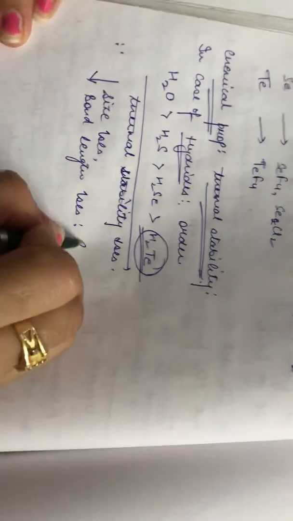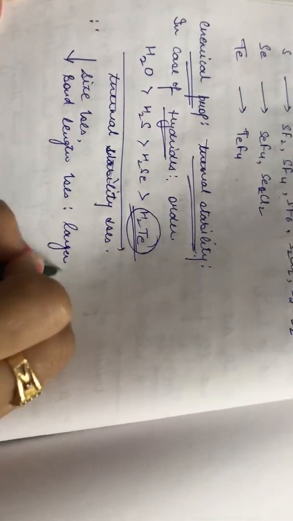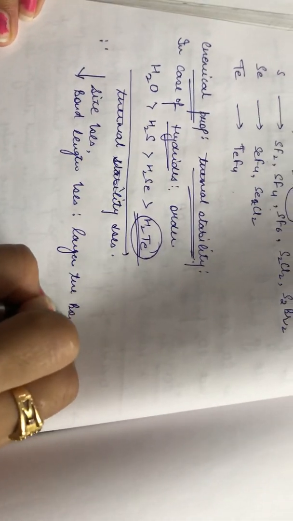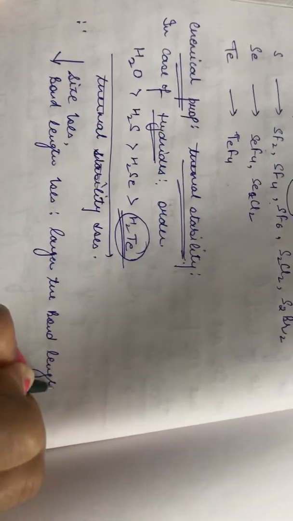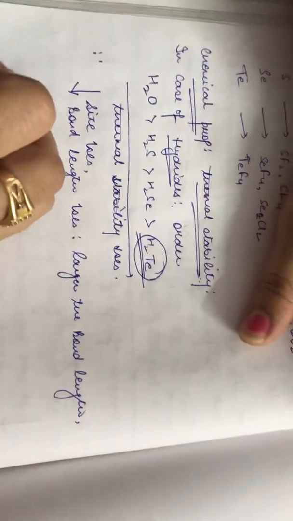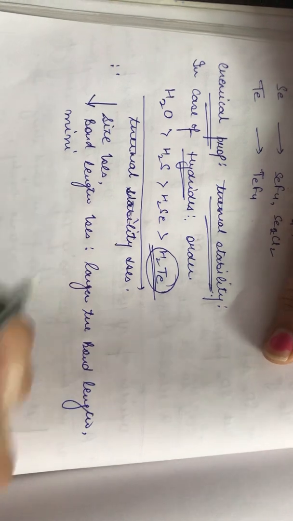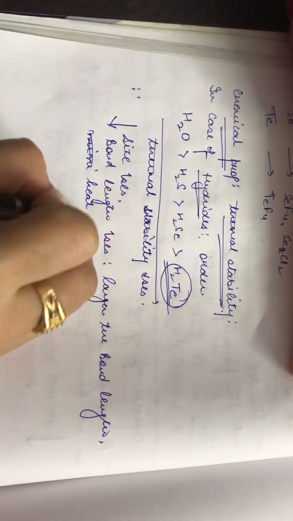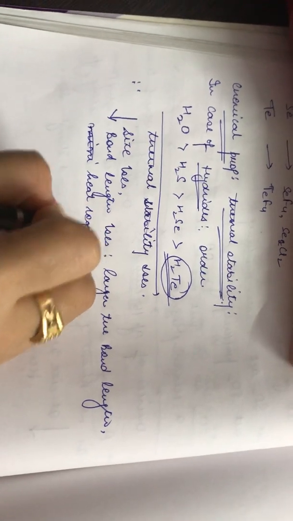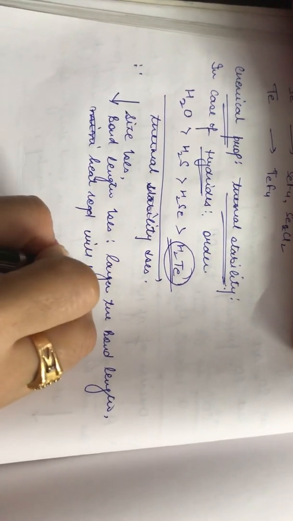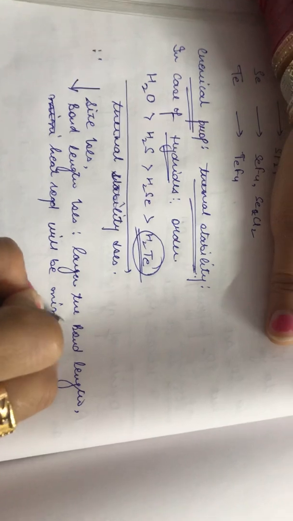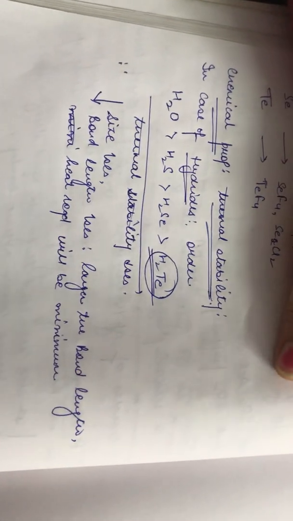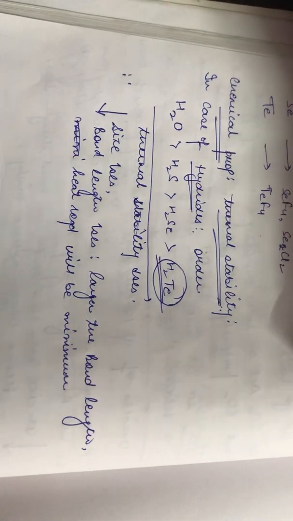Larger the bond length, minimum heat is required, or a smaller amount of heat is required in cases of large bond length to break the bonds.